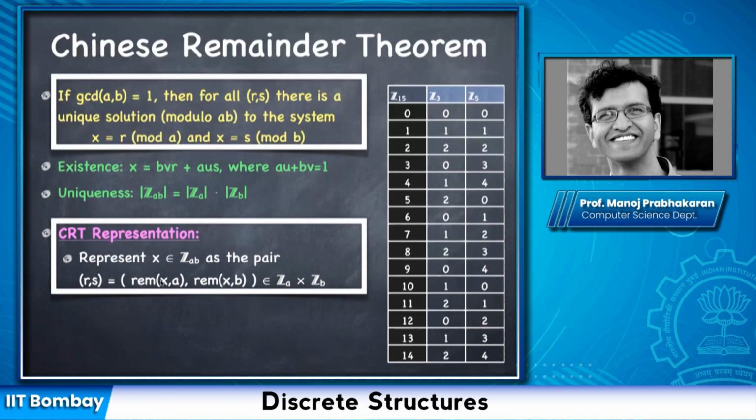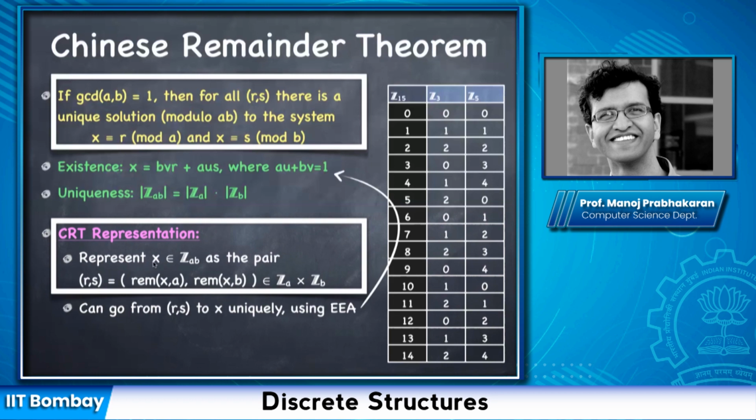Okay, so this is what the Chinese remainder theorem tells us, that every X in the range Z_AB, where A and B are co-prime with each other, can be written as a pair of integers, one modulo A and the other modulo B. And it's not just that.